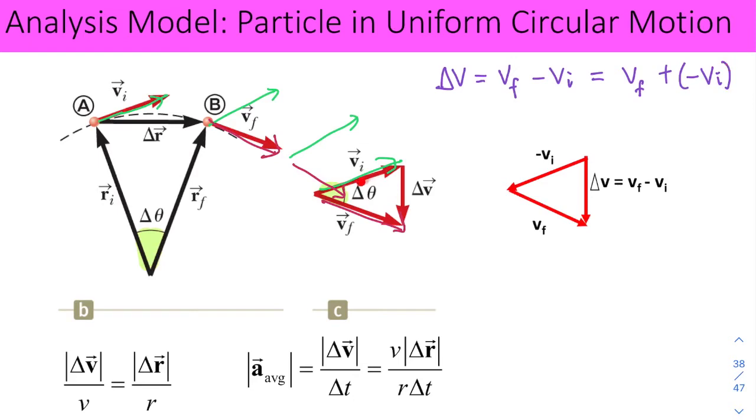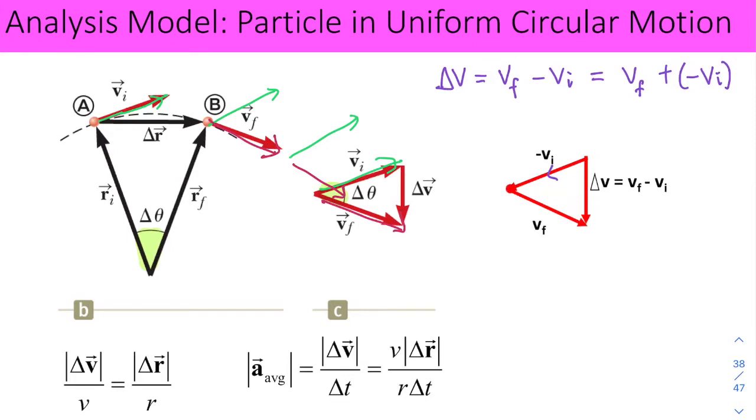Initially you have v initial in this direction. Now to have negative v initial, you just turn the direction oppositely, completely opposite, remaining the same length of the arrow but in the opposite direction. So now you have negative v initial.